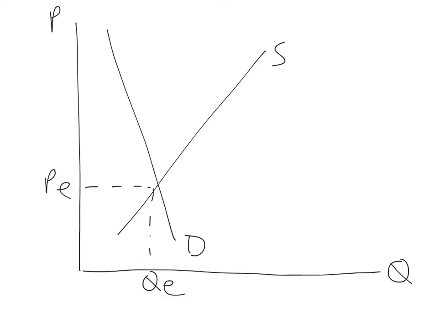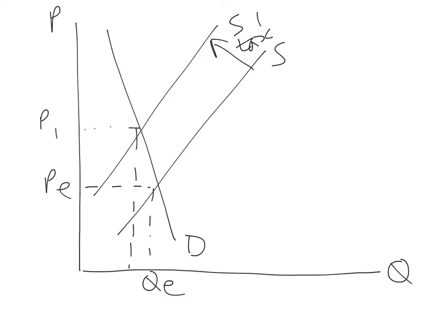When that tax is imposed, the level of the unit tax is irrespective of the price, and so we see a parallel shift in supply to the left. So we will see the imposition of the tax causing a higher price, which is what you might imagine would happen, and a lower quantity.